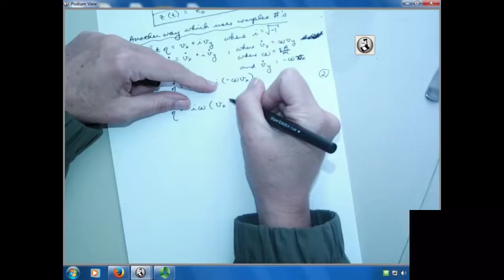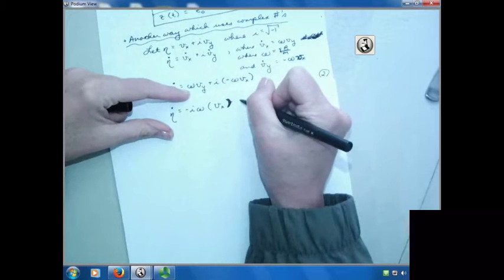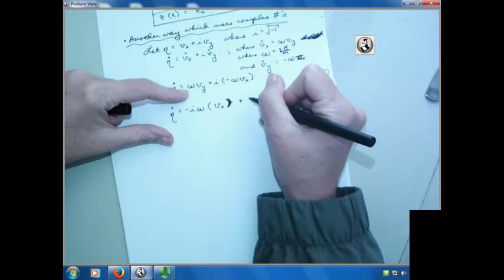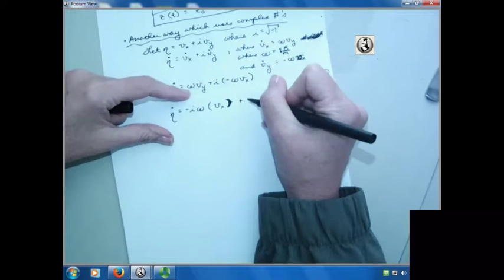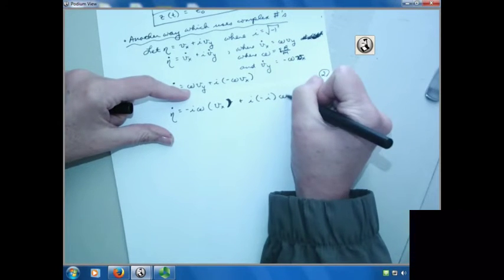I'll go ahead and do it because it does look like these complex numbers are a little bit confusing. So I've got a plus for this term here, omega times Vy, which is positive 1 times Vy, which is also known as i times negative i times omega Vy.